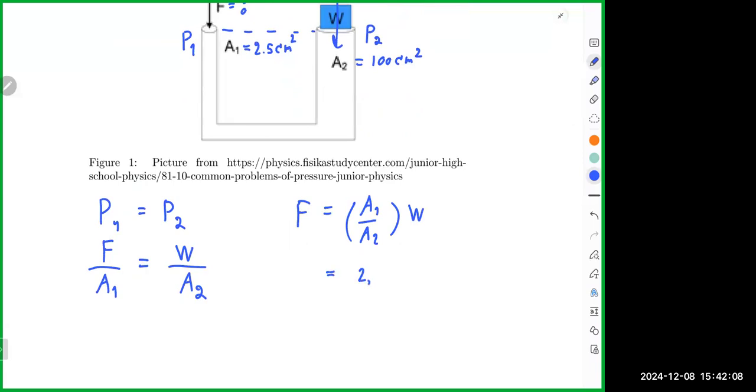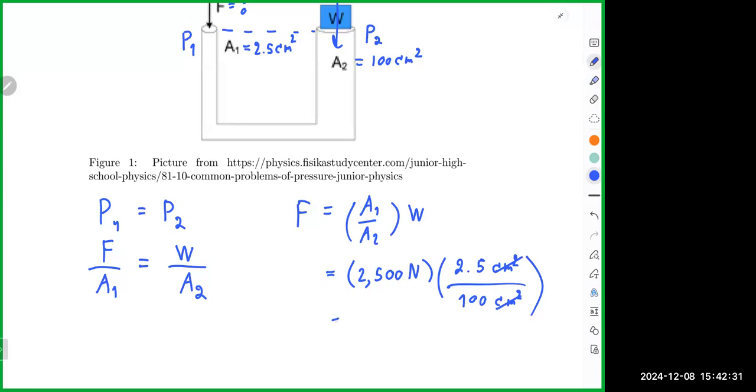The weight is about 2,500 Newton. A1 is just 2.5 centimeters square. A2 is 100 centimeters square. You do not have to change the unit from centimeter into meter because it cancels out.